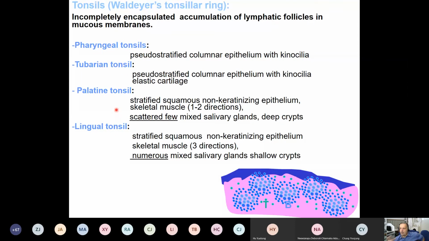So back to the histology, that's anatomy and it's part of other lectures, but back to the histology now. Imagine that we collect tissue samples from these tonsils and one has to distinguish them histologically.